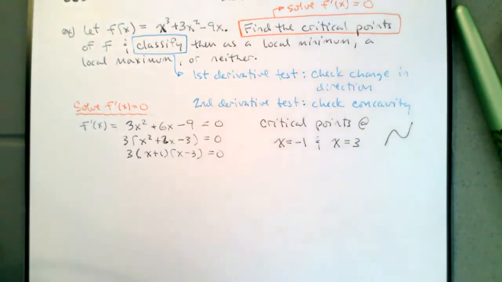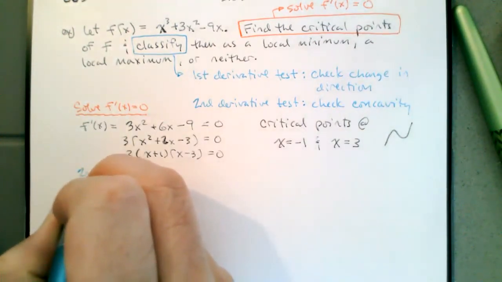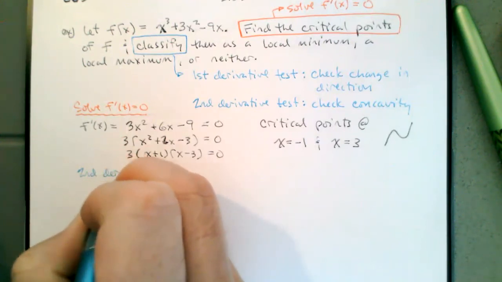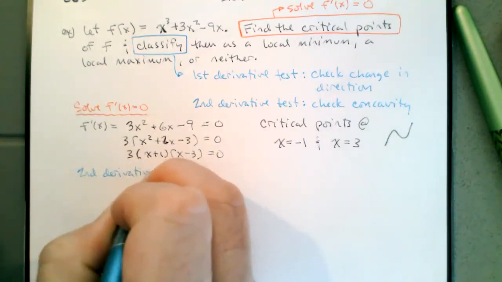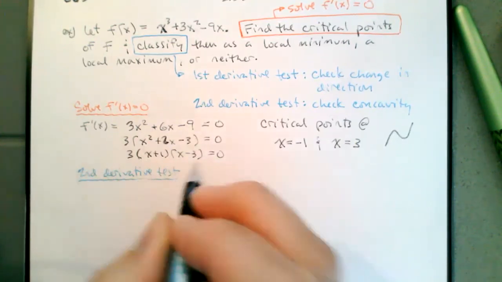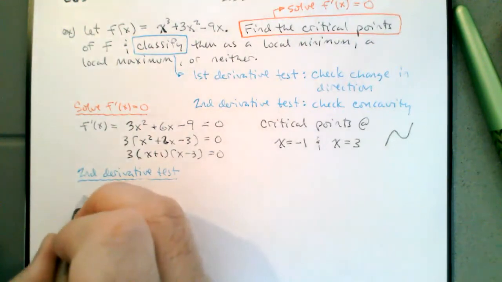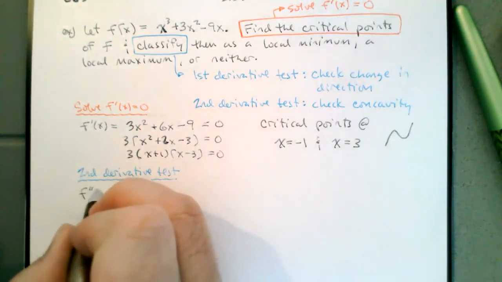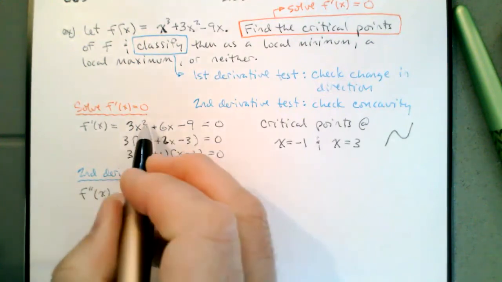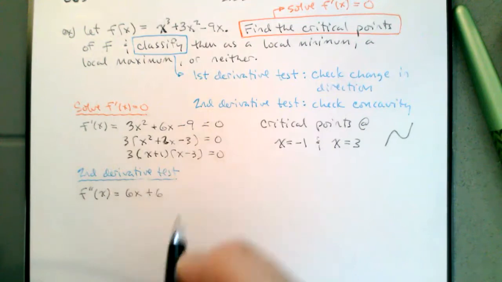So let's use the second derivative test on each of these critical points. We'll take the second derivative, f double prime of x is going to be 6x plus 6.